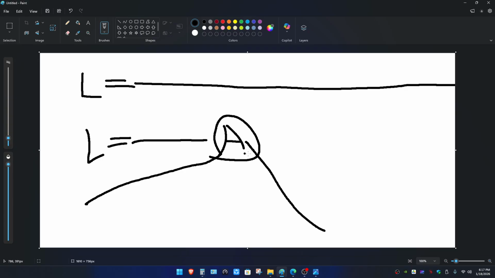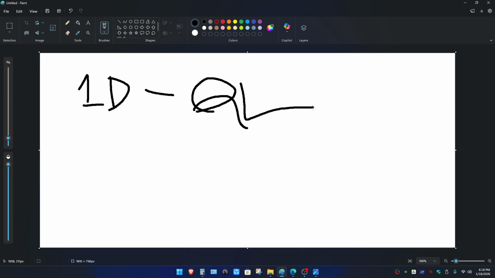What does it mean? It means that the positive 1D has certain characteristics, which I will eventually call a line, but not just any line. It is going to be a quantum line.